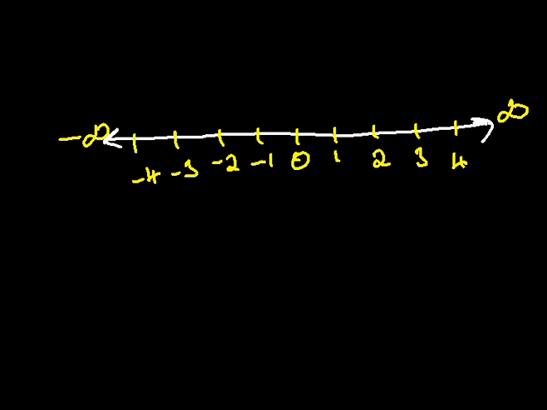Let's say we can think of having something like this. Let's say we have negative 5, negative 6, let's say negative 7, like that.